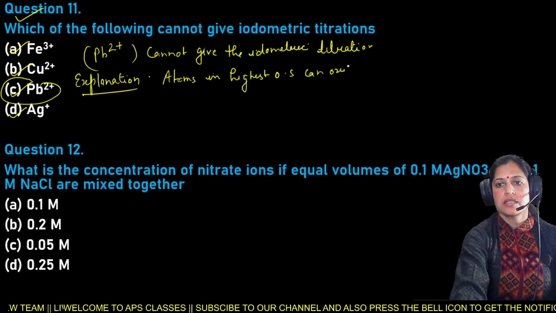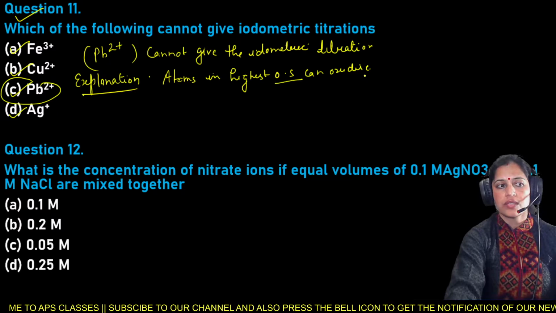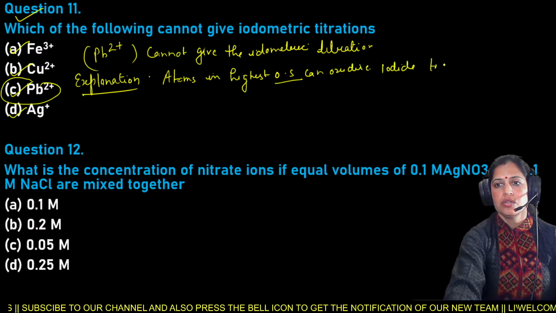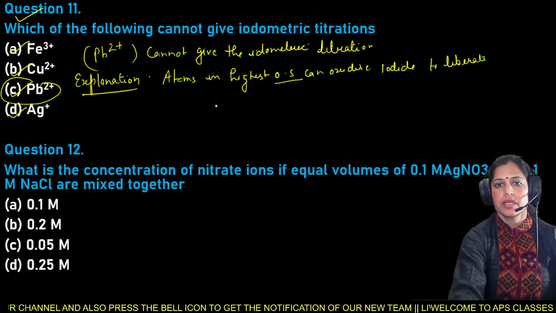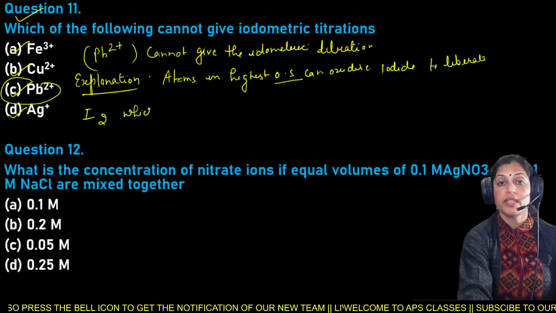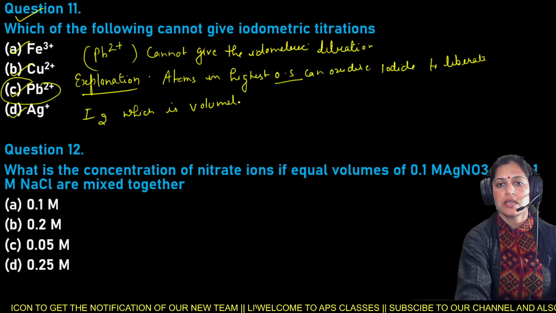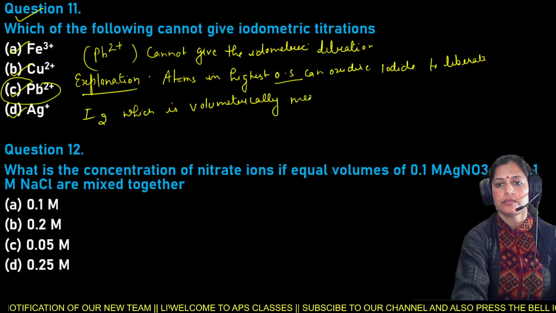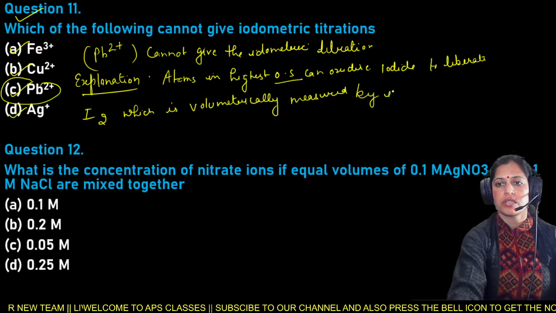Atoms in the highest oxidation state can oxidize iodide to liberate I2, which is volumetrically measured by iodometric titrations.